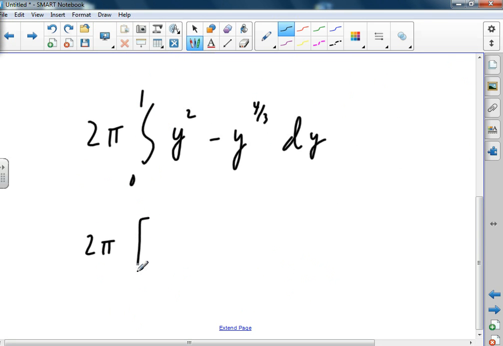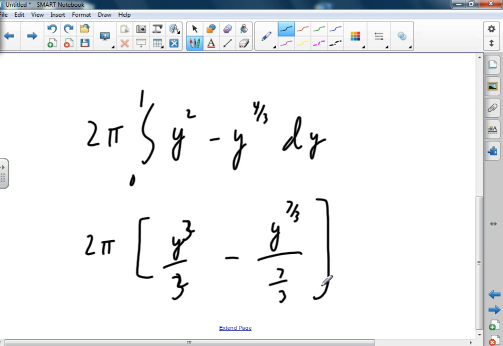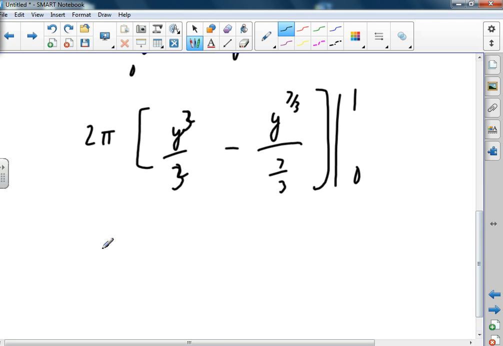2 pi, y squared over 2 minus y to the 7/3 over 7/3, y cubed over 3, evaluated at 1 and 0. 2 pi, 1/3 minus 3/7.